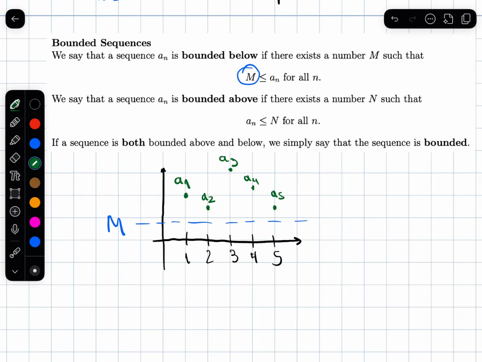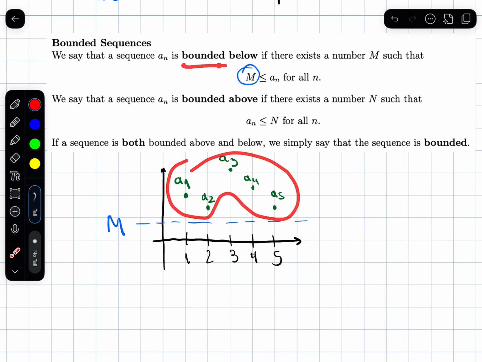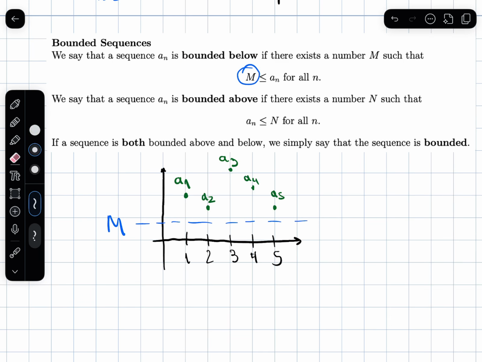Doesn't matter. This is a separate concept from monotonic. Bounded is completely separate. As long as all my points are above this horizontal line at the height of m here, that means that this sequence is bounded below. So we say it's bounded below, bounded from below, or bounded below. Okay.